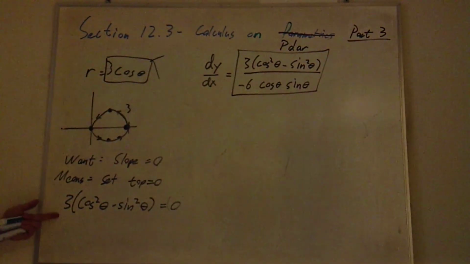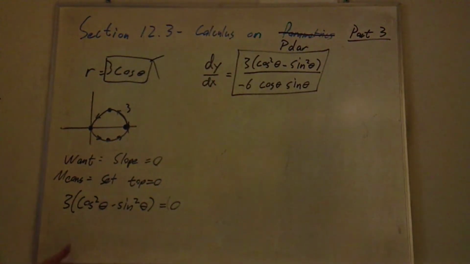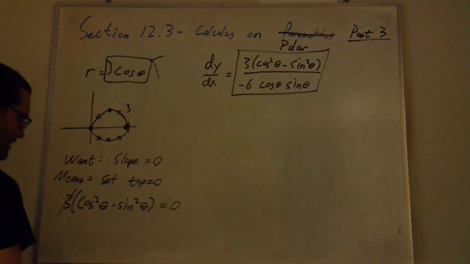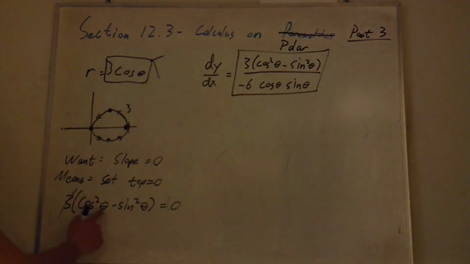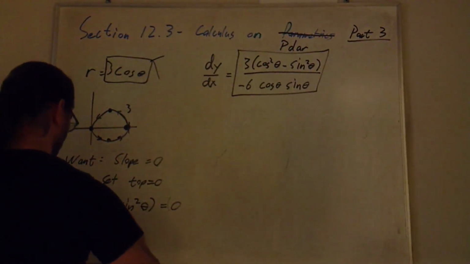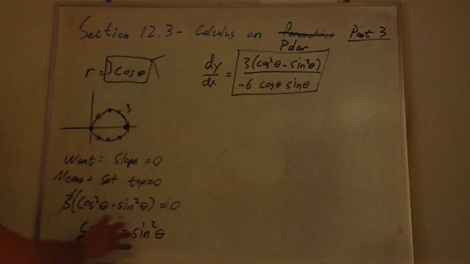So now I want to solve this for theta so I can figure out which values of theta make the slope equal 0. I can start by dividing by 3. That'll just get rid of that. And then I can move one of these to the other side. So it'll look like cosine squared theta equals sine squared theta.